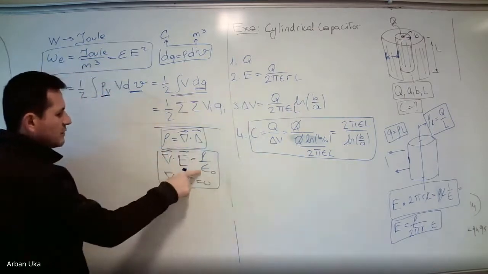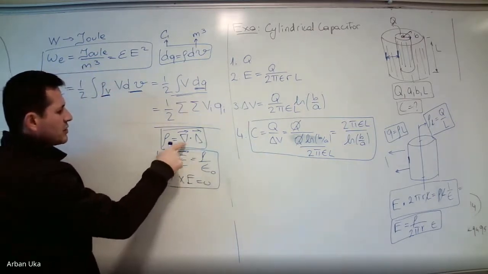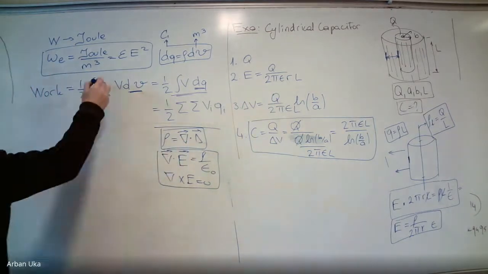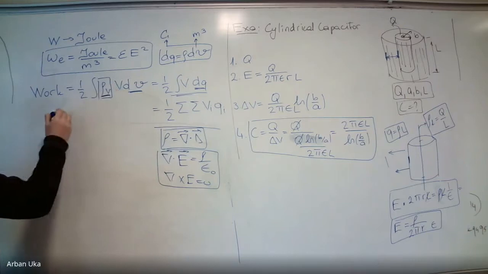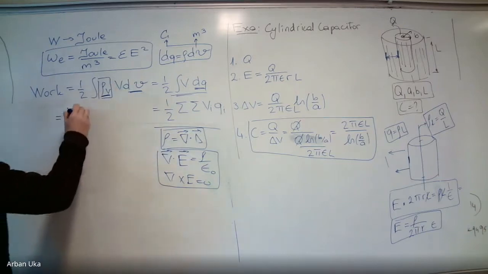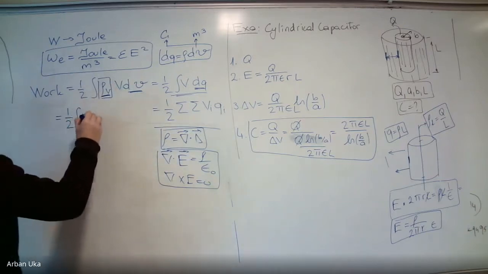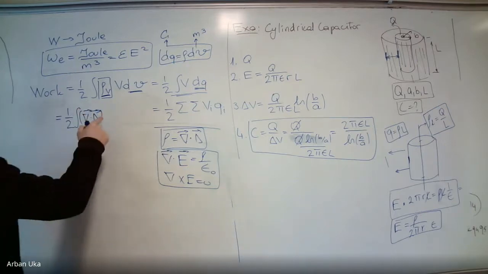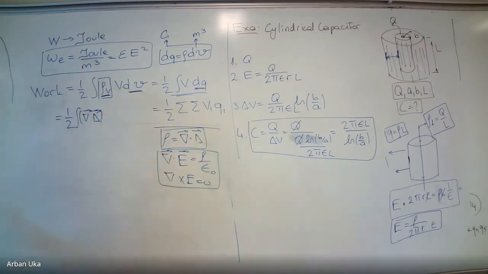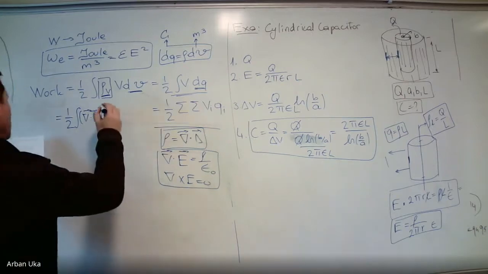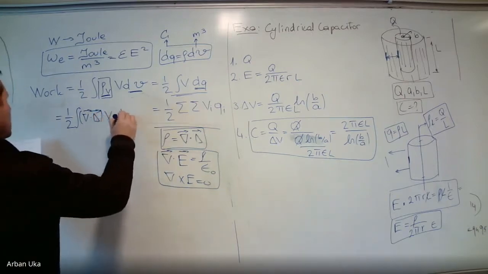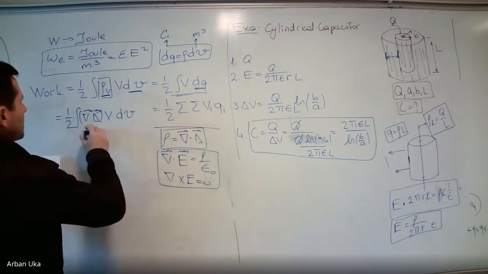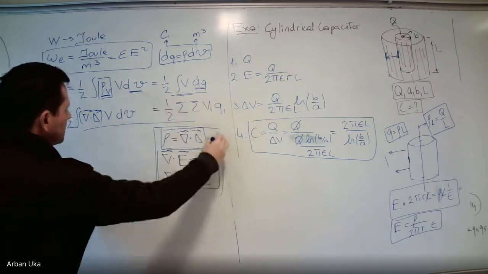So if we multiply both sides with epsilon, we get the divergence of D is equal to the charge density. So at this point, we can write again, this is equal to the integral of the divergence of the D field times the potential times V, integrating over the volume. Now these all expressions are equal, so this is also equal to this.